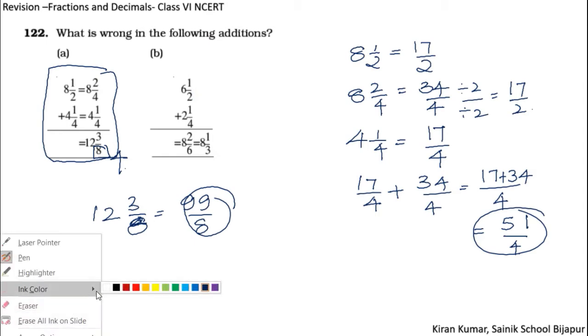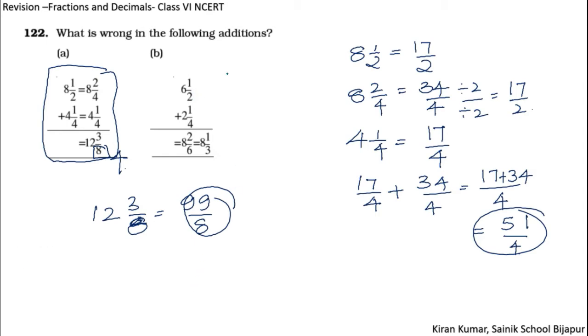Let me take a different colored ink. This is nothing but 13/2. This is nothing but 9/4. When we add this 13/2 with 9/4, the LCM is 4. Hence this is to be multiplied with 2, this with 1.